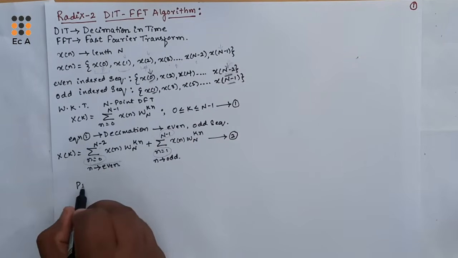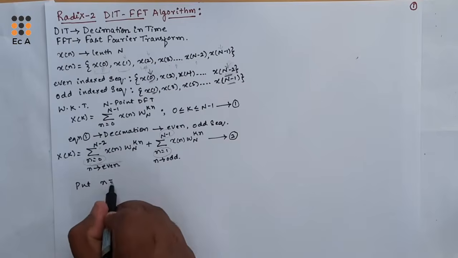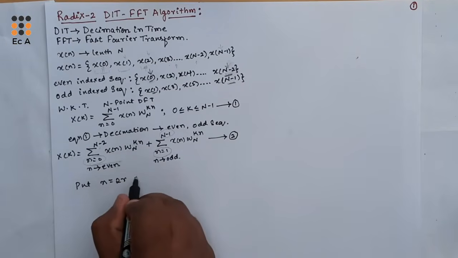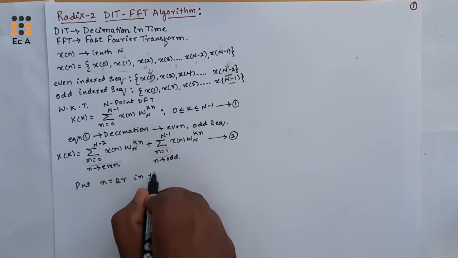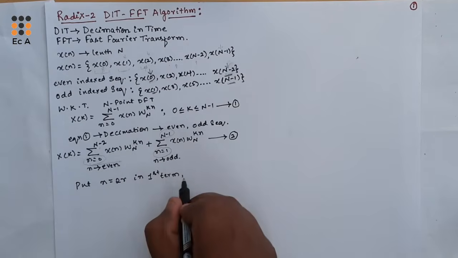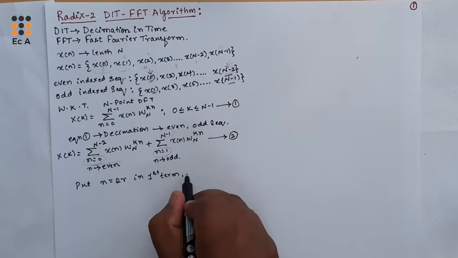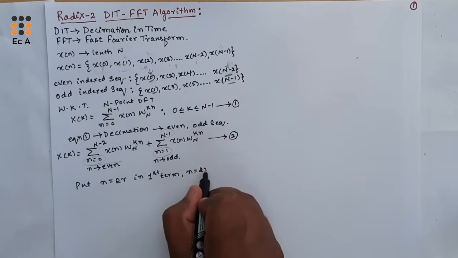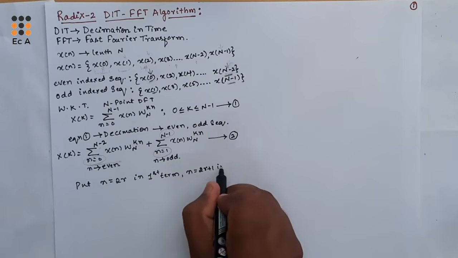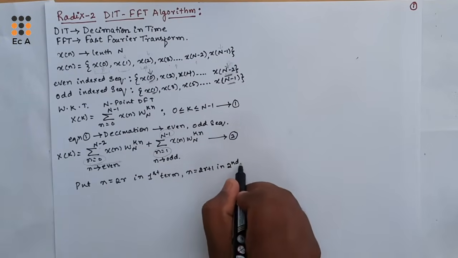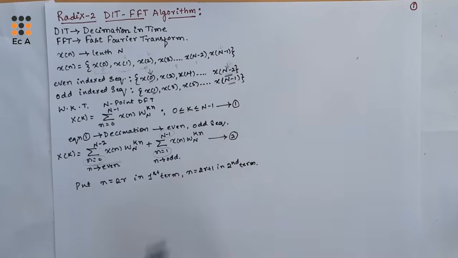Now, let us put n is equal to 2r in the first term of equation 2 and n is equal to 2r plus 1 in the second term of equation 2.